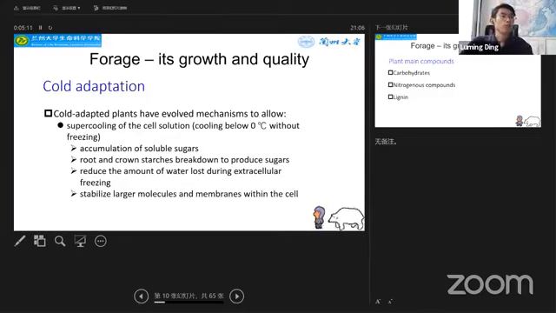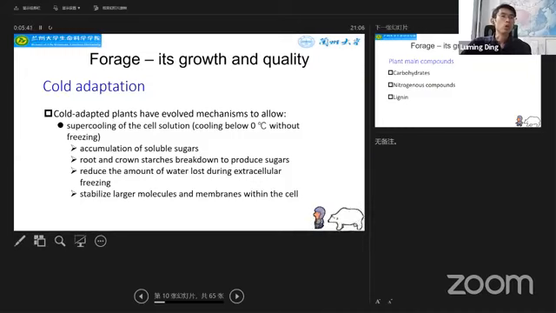And the cold adaptation. So in cold conditions, the plants have evolved some mechanisms. Supercooling of the cell solution. It means cooling below 0 centigrade, the cell will not freeze. The mechanism is accumulation of soluble sugars.